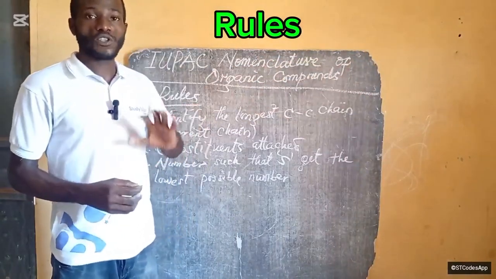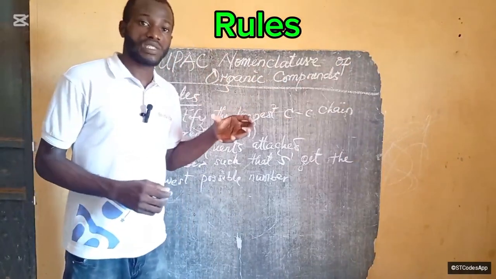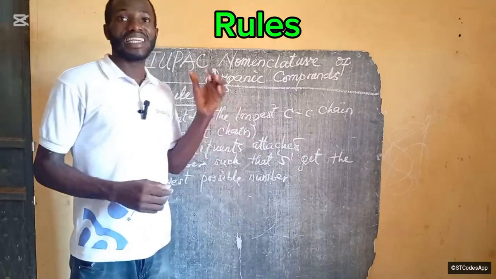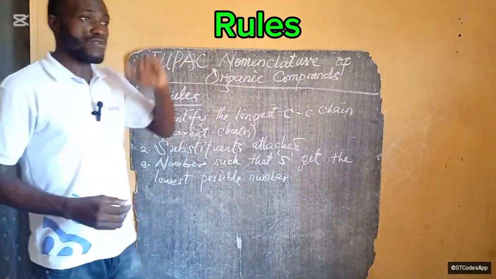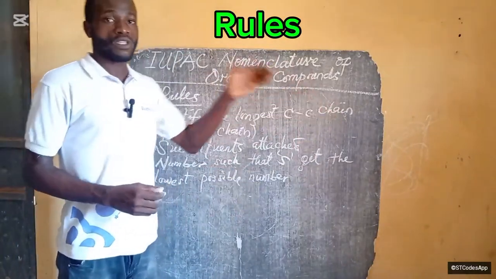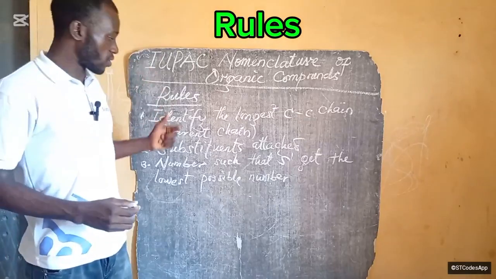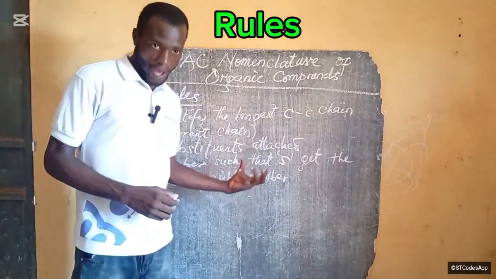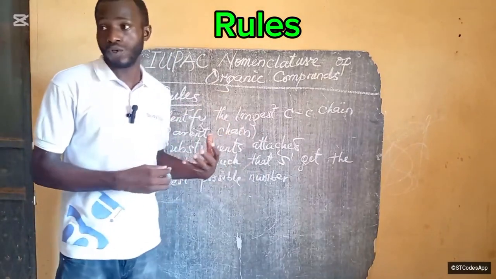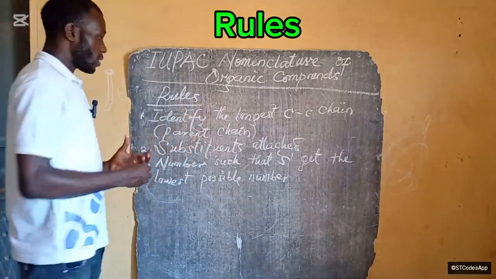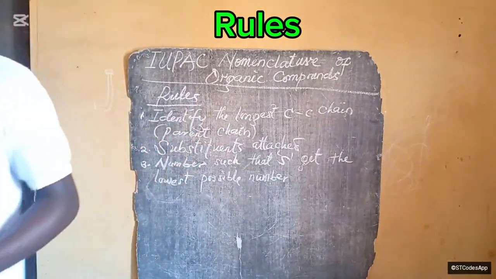That's to show that the functional group takes priority over the substituent. That is, we give the functional group more priority than the substituent, because the functional group is the atom or molecule that determines the chemical properties of that entire molecule. Well, we call it moiety.